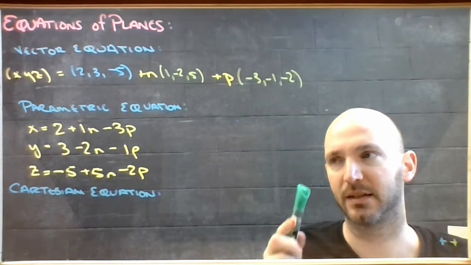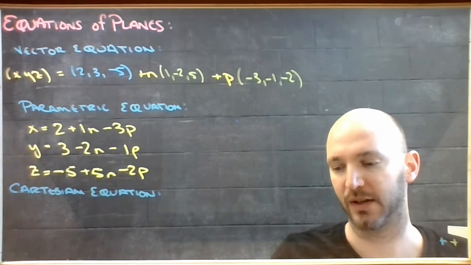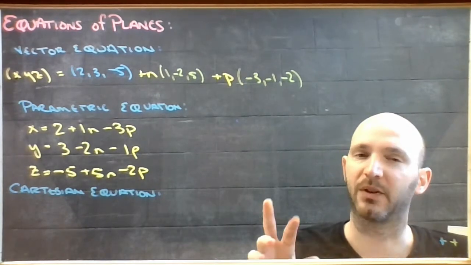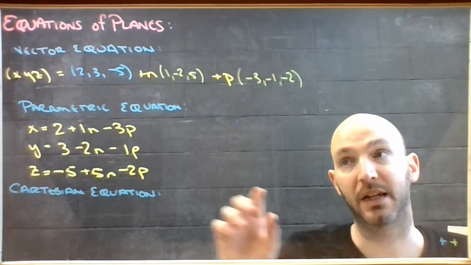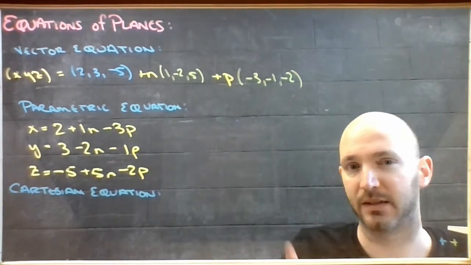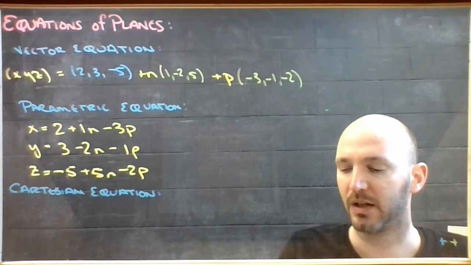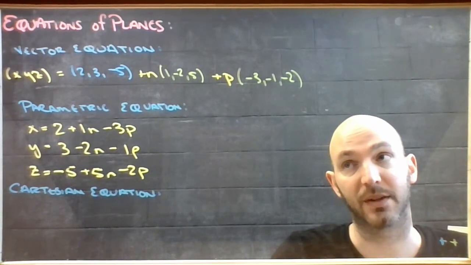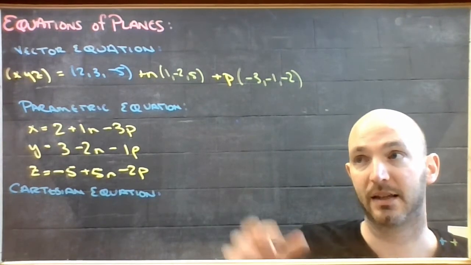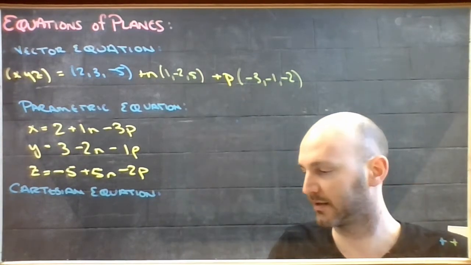So that's the trick for a Cartesian equation. In order to get that, I'm going to need a vector that is perpendicular to both this and this. And that's what cross product is for. So I'm just going to do a quick cross of this versus this and see what vector I get that's perpendicular to both of those things.